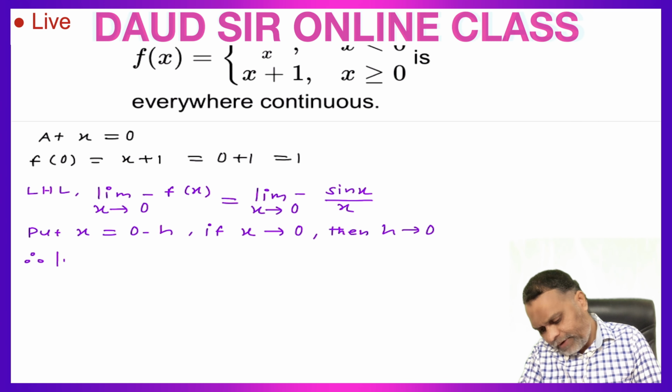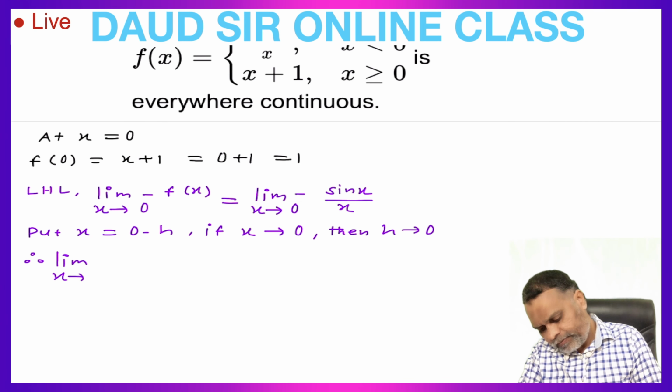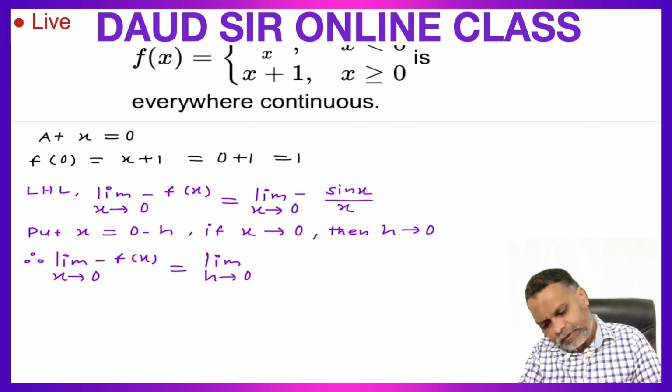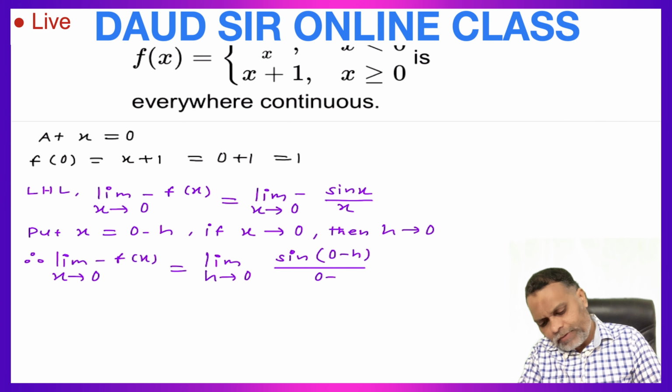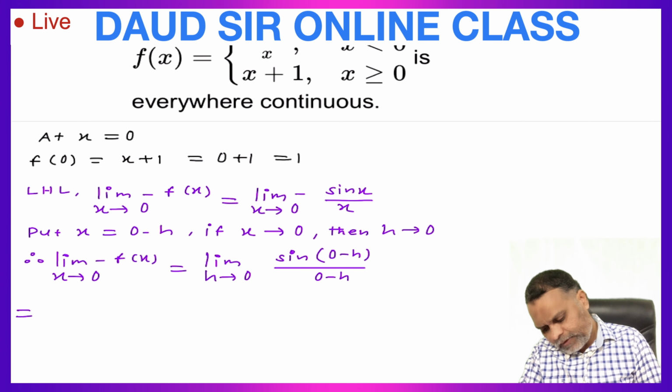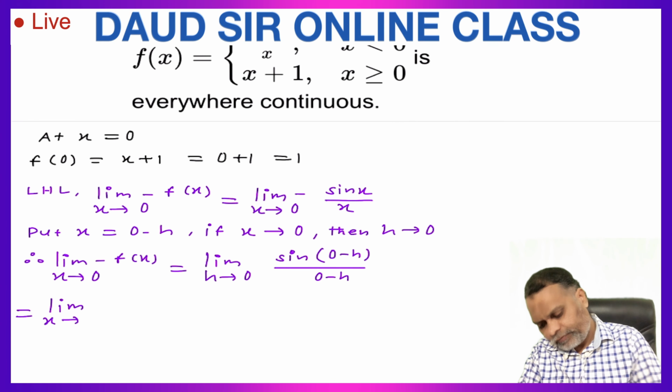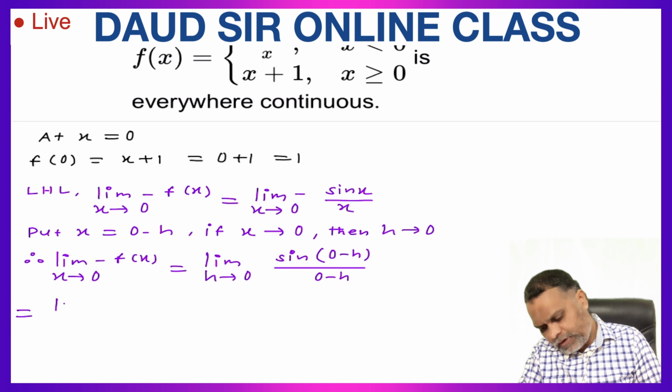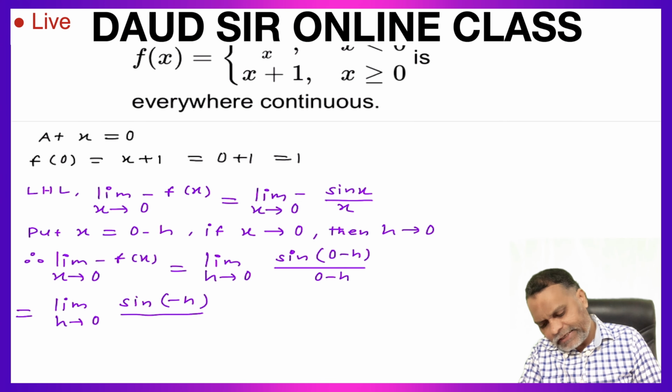Therefore left hand limit will become limit h tends to 0 sin of 0 minus h upon 0 minus h. Simplify this, which is equal to limit h tends to 0 sin minus h upon minus h.